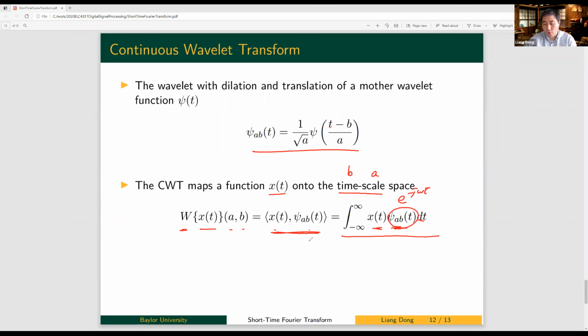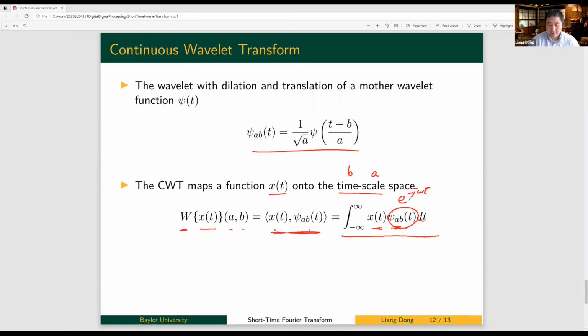So when you plot this picture as a function of a and b, b is shifting time, and a is something that you are doing the dilation of this window. So with different a values, you magnify the signal you're trying to analyze. So if the wavelet is really shrunk, you are only focused on a very short period of time.